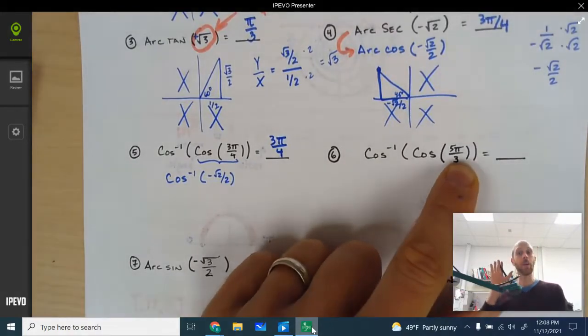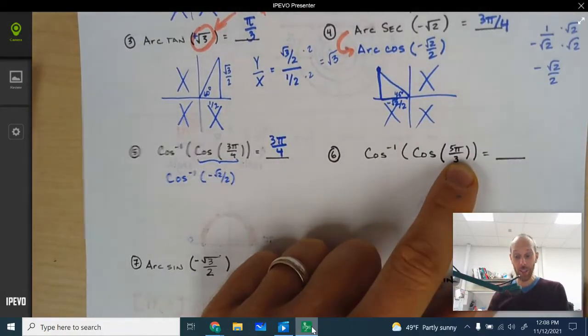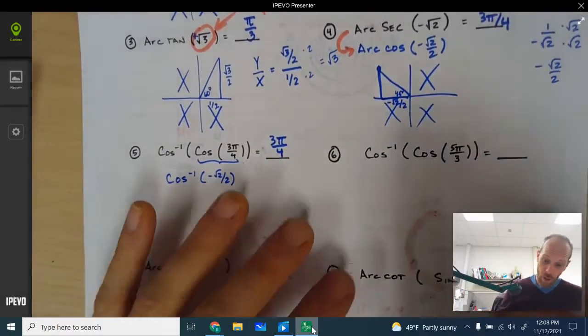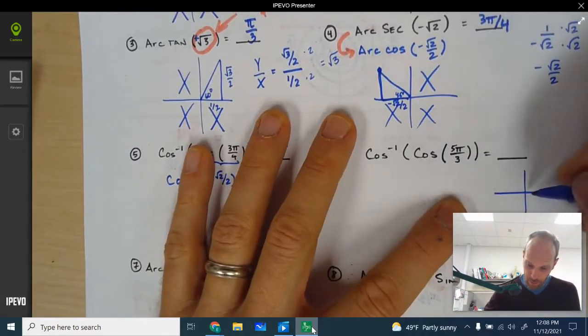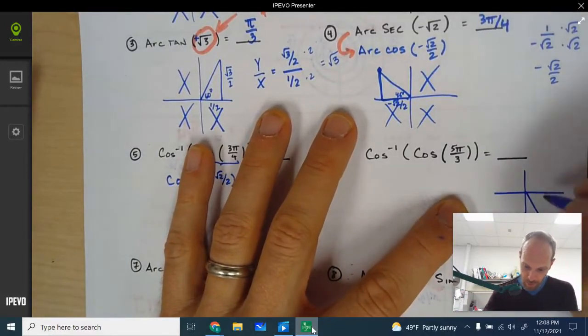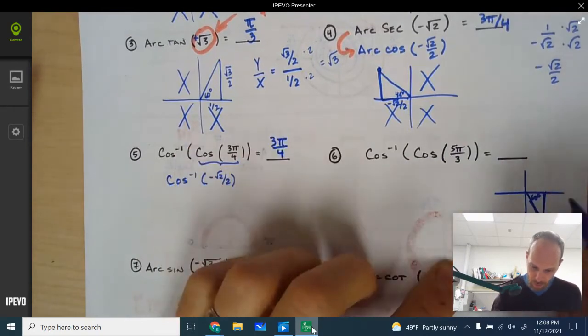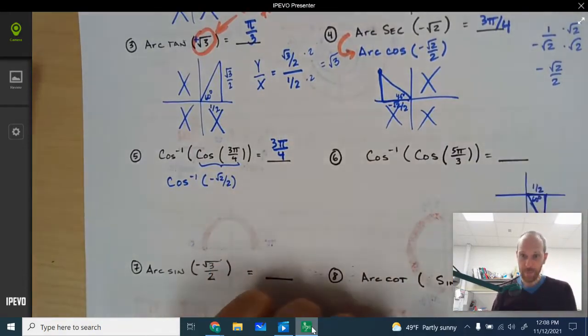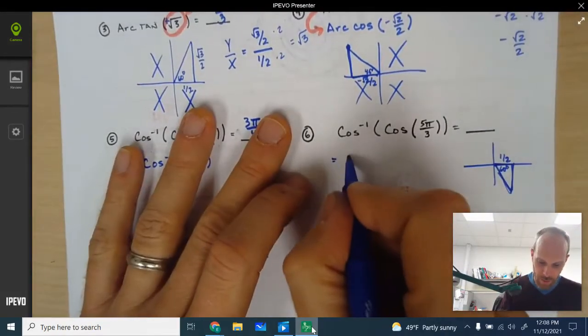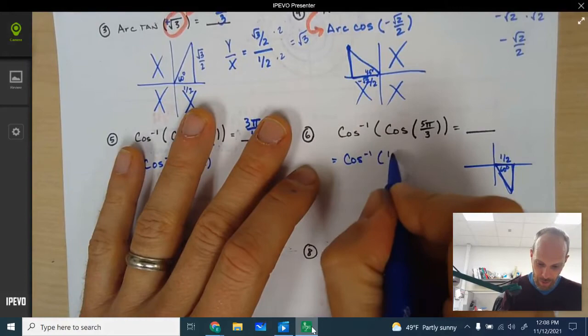Yes, well, it's not. Check this out. Cosine of 5 pi over 3 would be, let's see, 5 pi over 3 is right here. So this is a 60-degree angle. The cosine right there would be 1/2. So this is equal to the inverse cosine of 1/2.